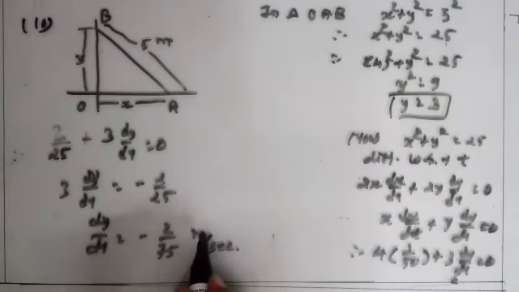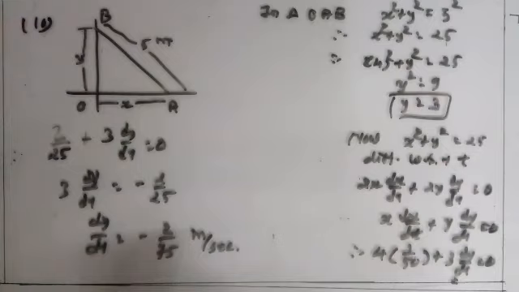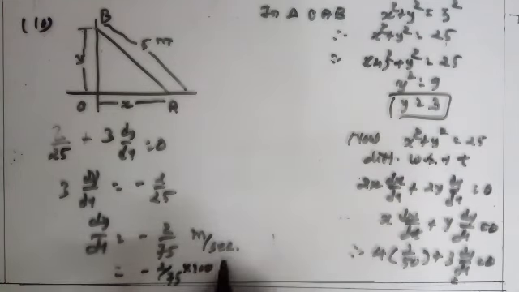To change into centimeters, we multiply by 100. So minus 2 upon 75 into 100 cm per second.